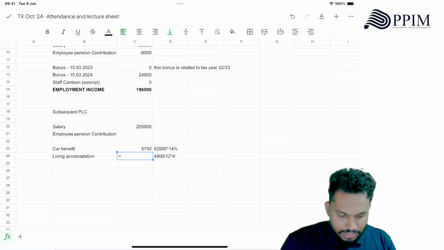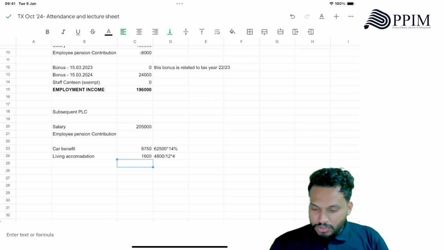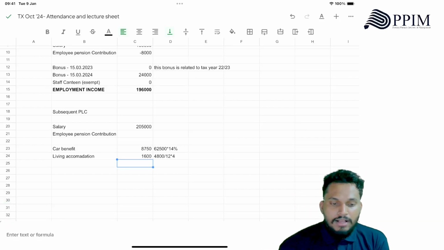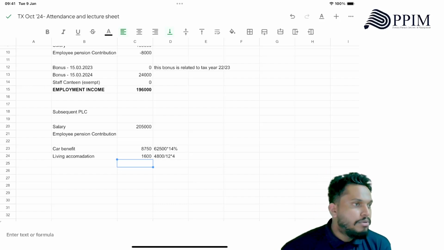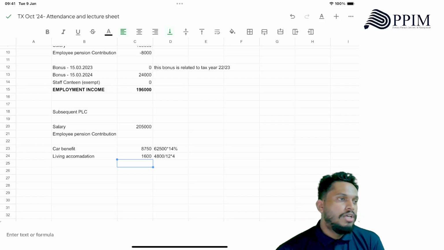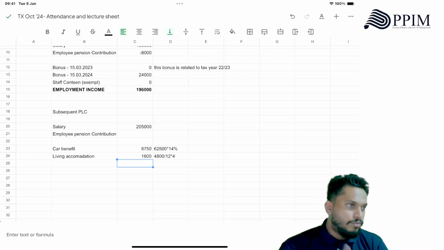So technically 4,800 will be provided to you only for 4 months. So the income that needs to be computed for taxation purposes is 1,600 only, not the entire 4,800, because it will be provided to you only for the first 4 months. So the entire period is not related to you.